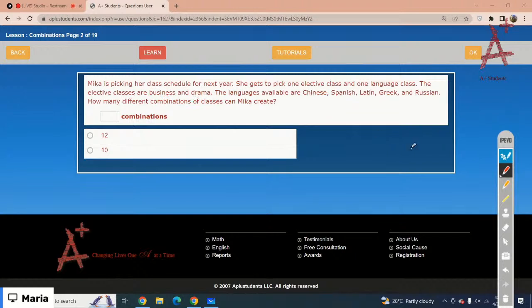That means they have a total of 10 combinations. Got it?